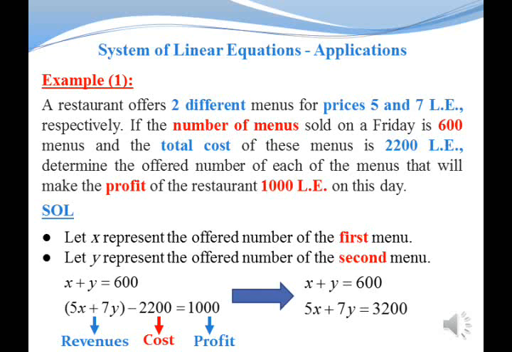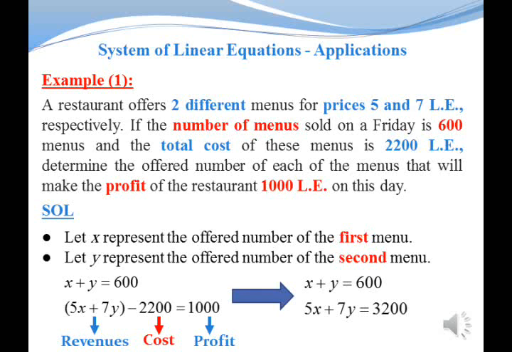Your revenue is obtained by multiplying the price of the menu by its number. So for x, for the first menu, the revenue is 5, which is the price here, multiplied by the number sold of this menu. And for the second menu, the revenue is obtained by the price, which is 7, multiplied by the number of menus offered, which is y. This is the total revenue for both menus.